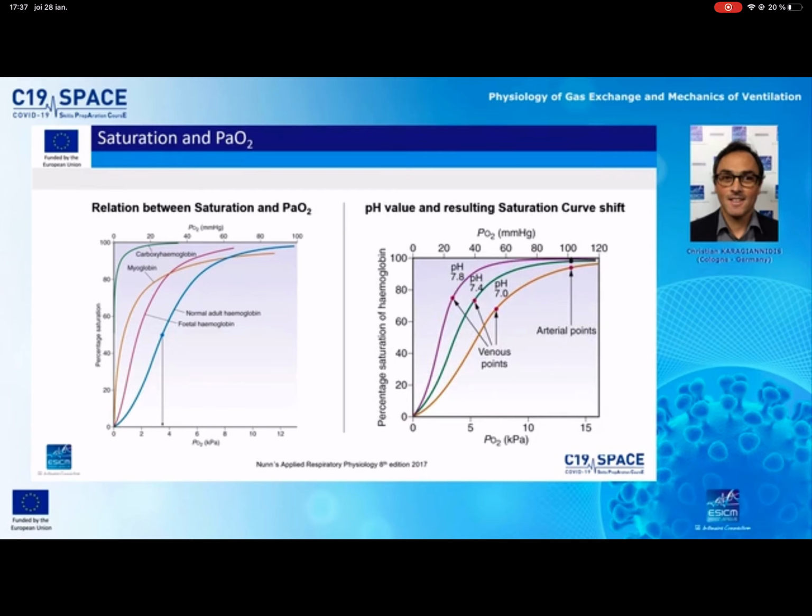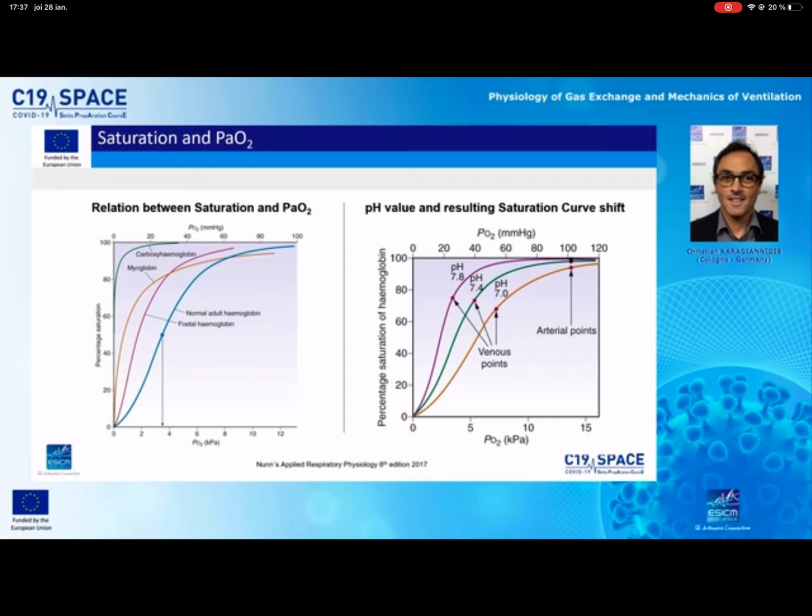It's important to notice that the pH value shifts this curve. So in patients with an alkalosis, which is very seldom or which should be seldom on the ICU, the curve shifts to the left side, which means that even a saturation of 80% sometimes means that the PaO2 is only 30 millimeters of mercury.